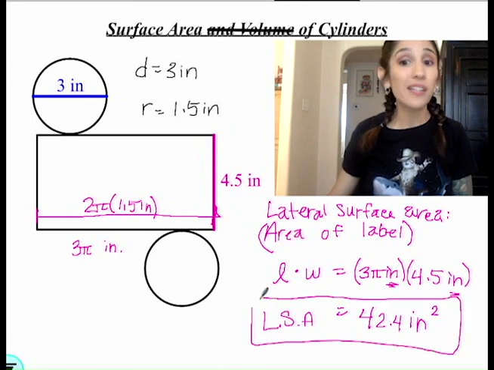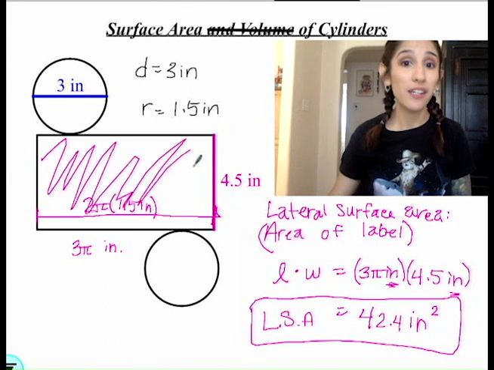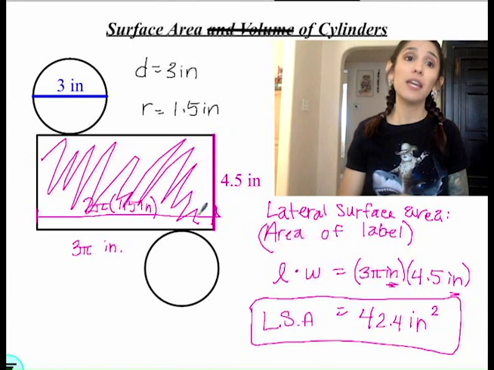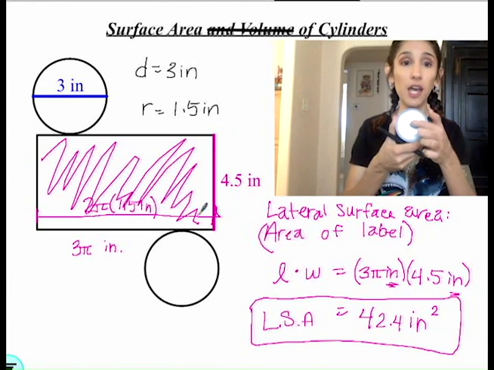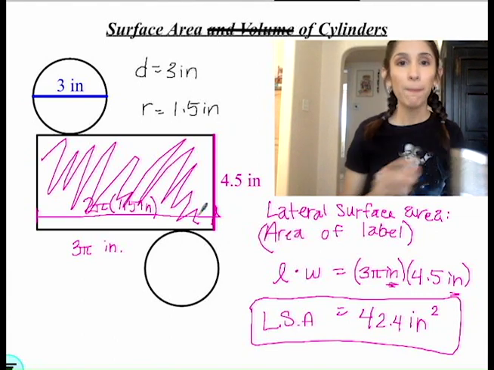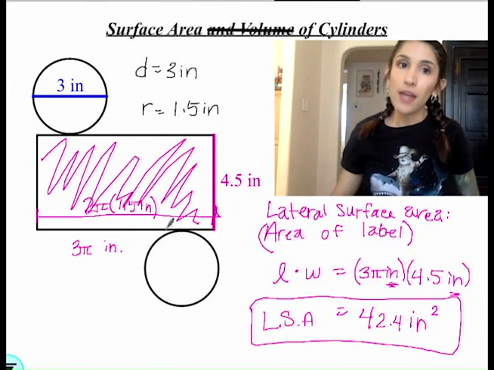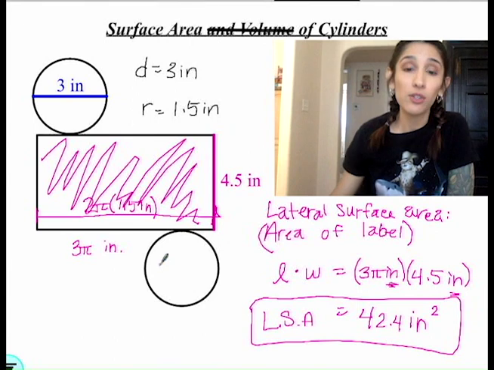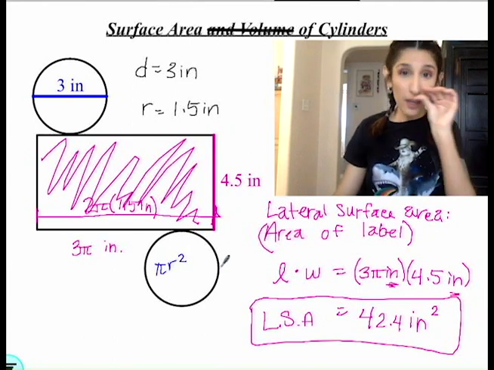But that's not my entire surface area. That was really only this space in here. So what I want to do now is calculate the area of the top and the bottom. Remember that we've already done this in a previous video. So our area of our circle was pi r squared, and we've already calculated our radius.